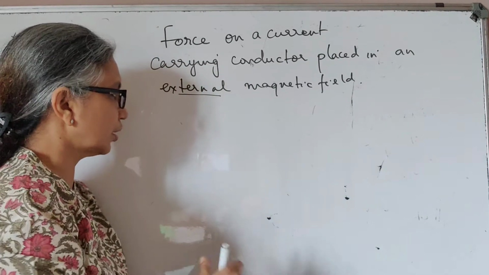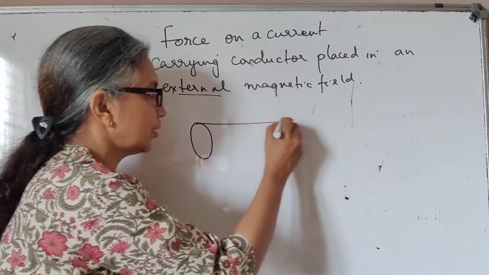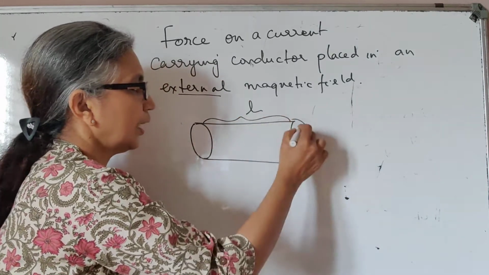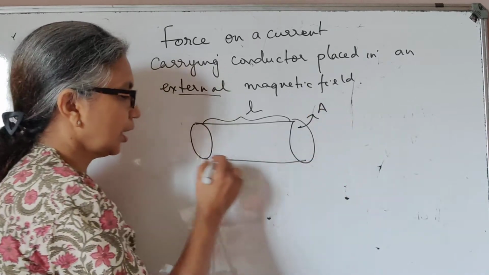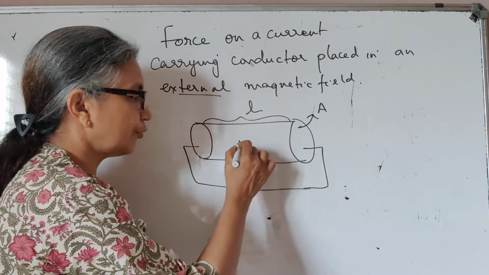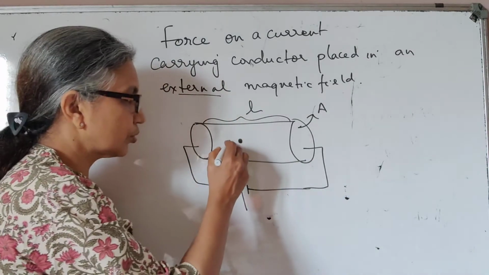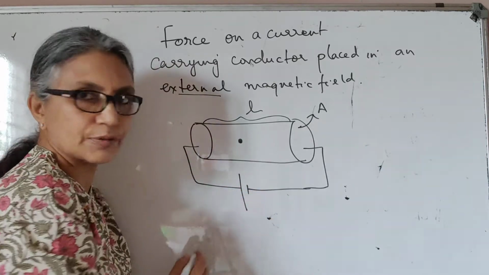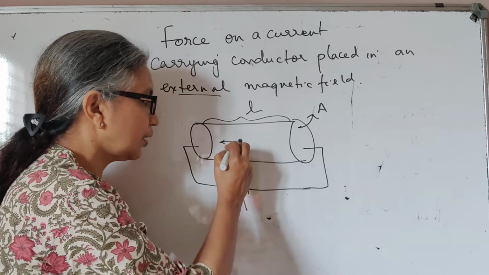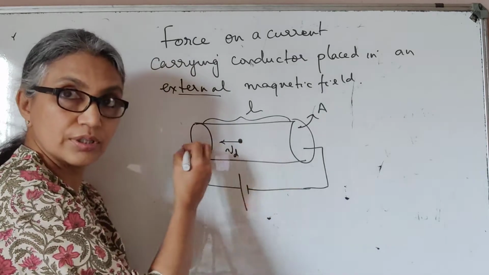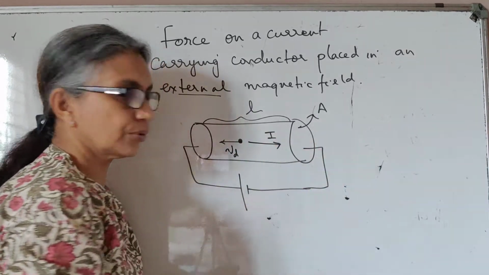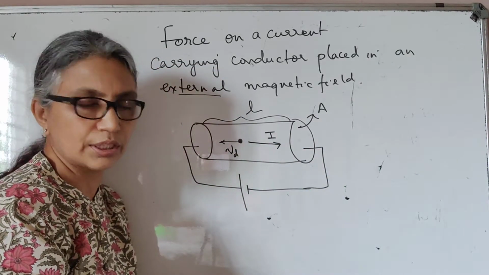Now here we have the conductor, which I'm going to draw like this, whose length is L and the area of cross section is A, and we are connecting it to an external cell, so that every electron here is going to travel towards the positive terminal. So we have the drift velocity of the particle in this direction. But because the electron is moving in this direction, you will take the current to be in this direction, opposite to the direction of motion of the electron.